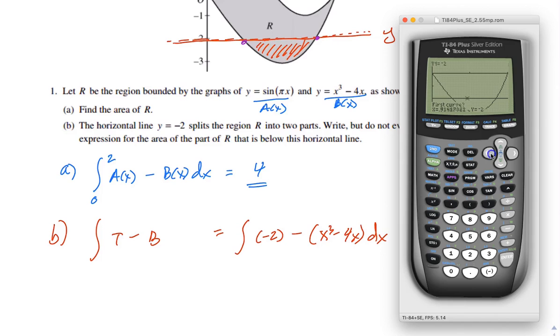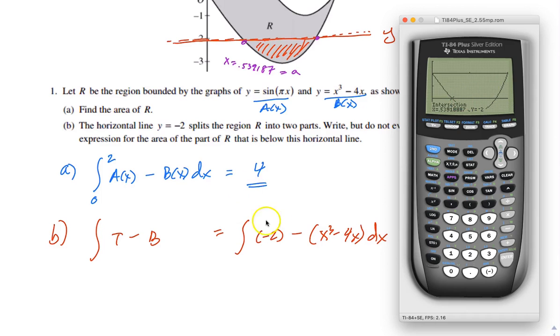Move closer to the first intersection. Hit enter a couple of times. And I get my first intersection point is x equals 0.539187. Again, if you want, you can label that lowercase a.